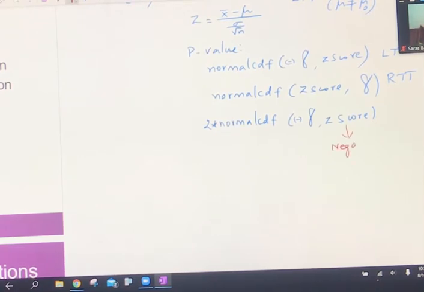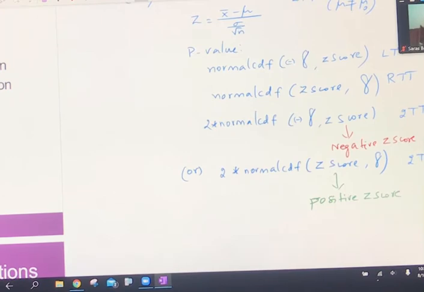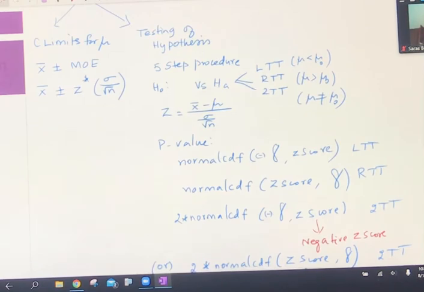Remember, because it's a two tail test, it's 2 times. Or with a positive z-score, it's 2 times normal CDF of z-score comma 8. The z-score is computed using the formula x bar minus mu over sigma over square root of n.